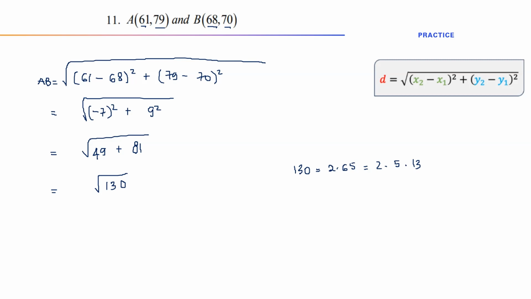Those are prime numbers, so we cannot break it down. The ones we want to break down are 4, 9, 16, 25, 36, because those can be written as 2 squared, 3 squared, 4 squared, 5 squared, 6 squared. Because of that, we can get rid of the square root, and that makes our answer look nicer.